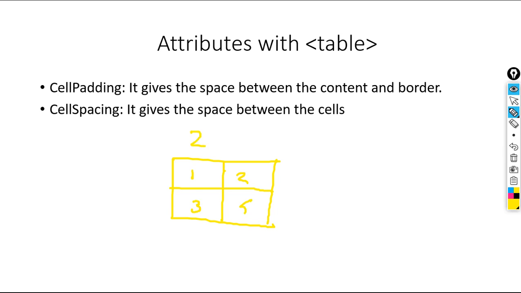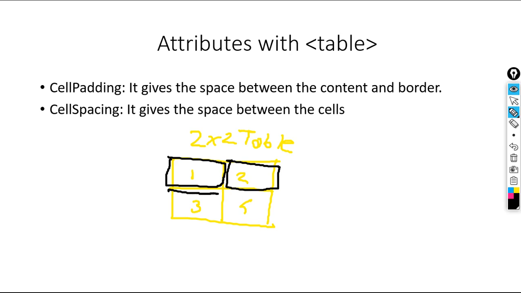This is a 2 by 2 table. So there has to be space between these cells. That space will be decided by cellspacing.